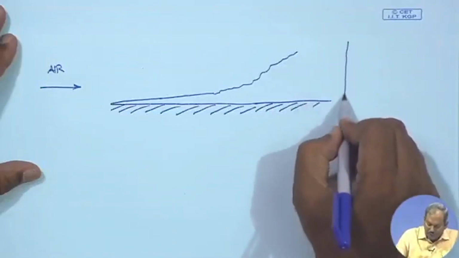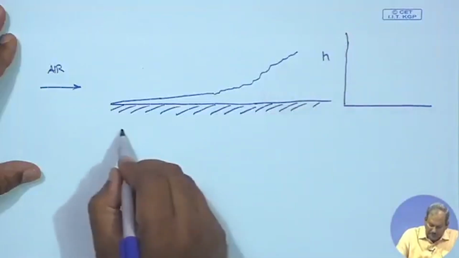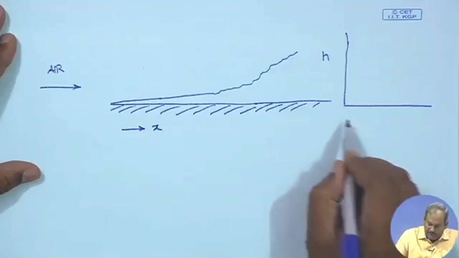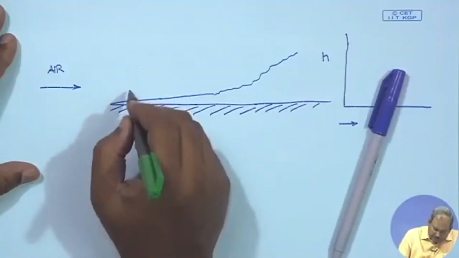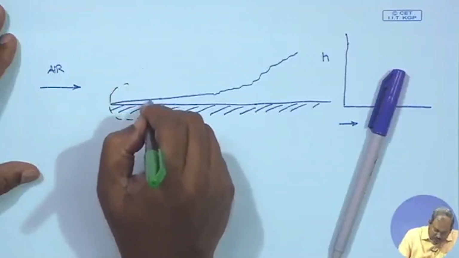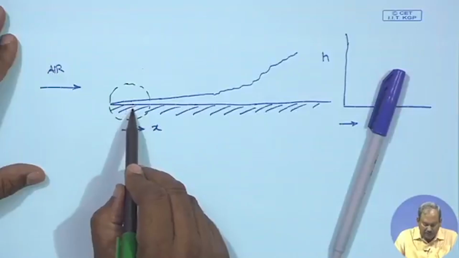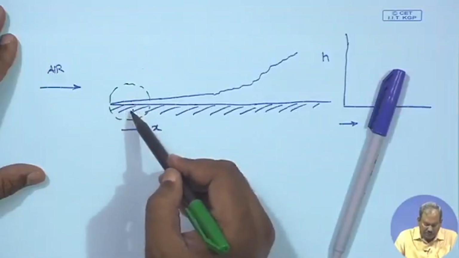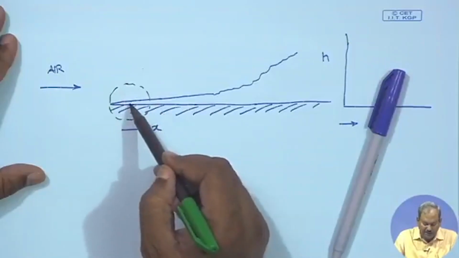Now, if you draw the value of heat transfer coefficient along x, over the initial part of the flow, the thickness of the boundary layer is going to be very thin. So, if the thickness of the boundary layer is very thin, then the resistance to heat transfer from the solid to the air, if we assume the solid to be at a higher temperature, is going to be low.